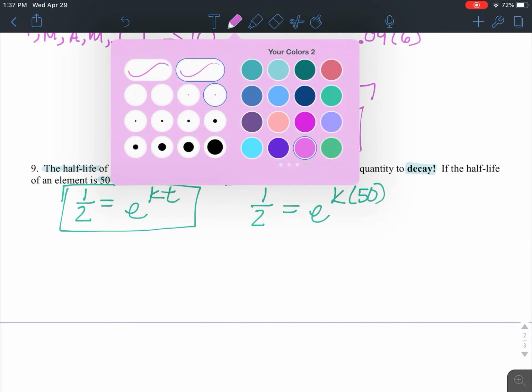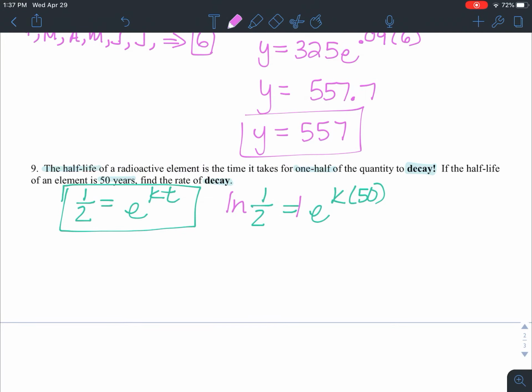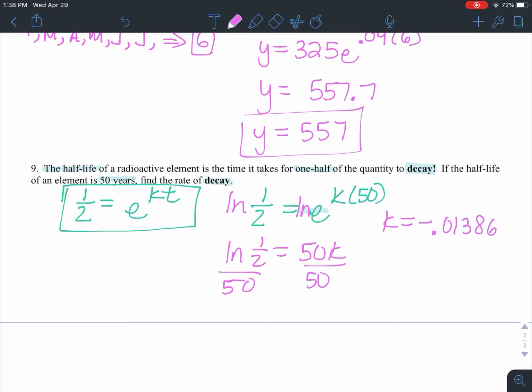So now we need to take the ln of both sides. ln, that's gone. So we've got ln of 1/2 equals 50k. Divide by 50. Now, type that into your calculator. I get k to be approximately negative 0.01386.